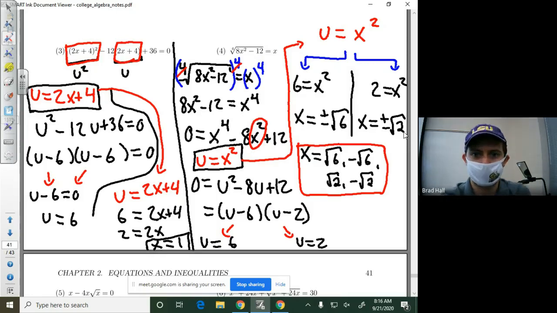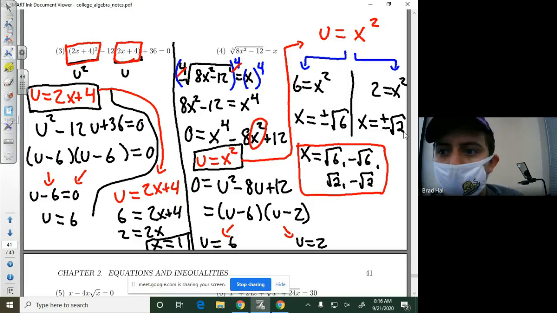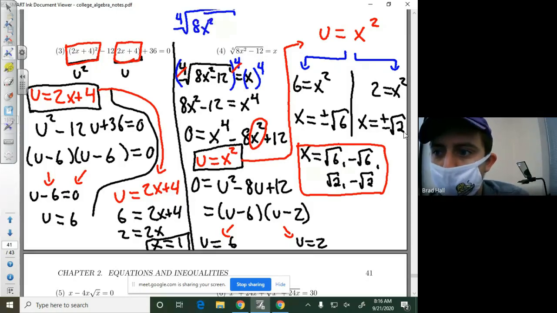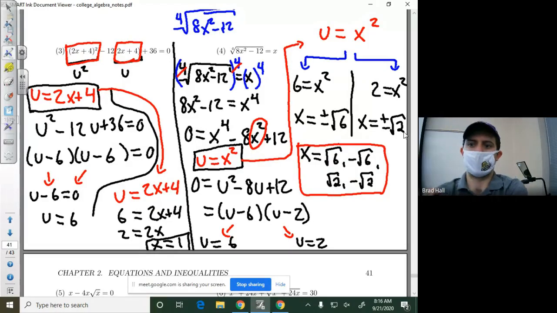The 4th root of this expression here cannot be a negative number. The 4th root cannot output a negative number. Remember, we said that about the square root as well. Square root cannot output a negative number.